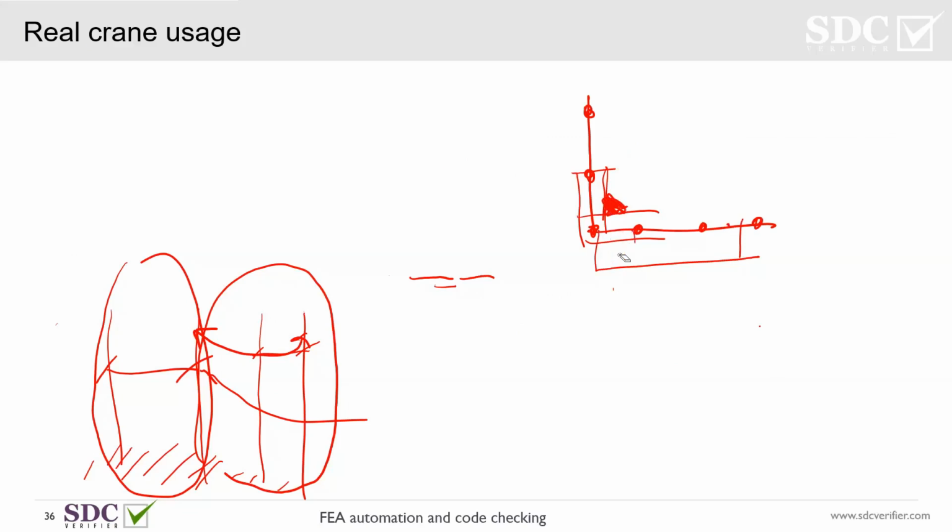We implemented this according to the IIW standard, and the idea is that you're able to extract stresses at a certain distance, and then to interpolate these stresses into the weld. So basically, the hotspot stress method is also applicable to EN 13001, and I would say most of the standards allow this method as a very good, precise alternative to the standard approach.